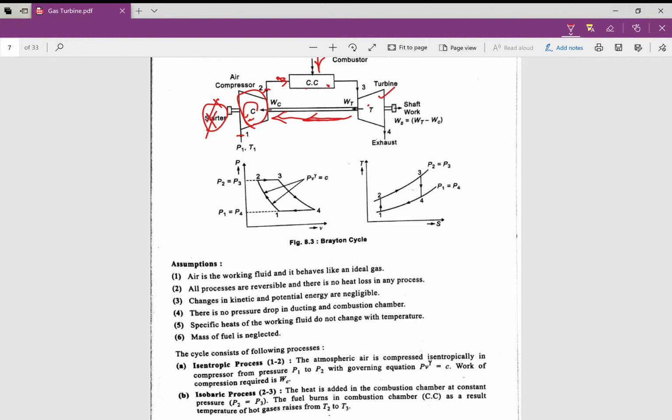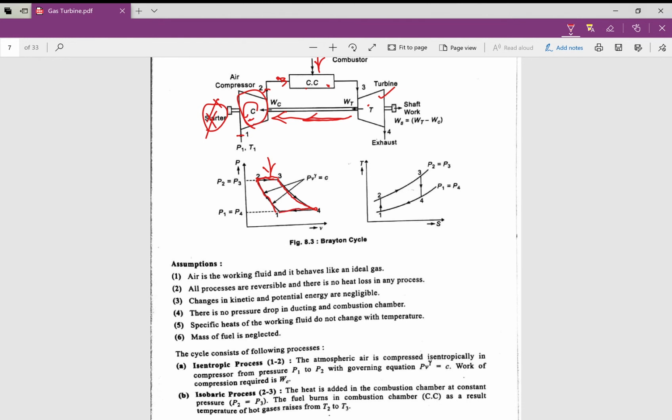So 1 to 2 on the PV diagram is your compression, 2 to 3 is heat addition at constant pressure, then 3 to 4 is isentropic expansion, and then 4 to 1 is exhaust taking place at constant pressure.